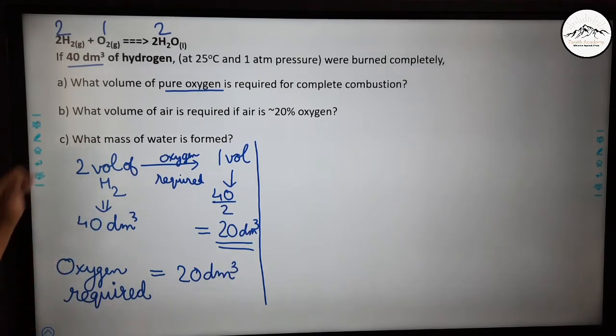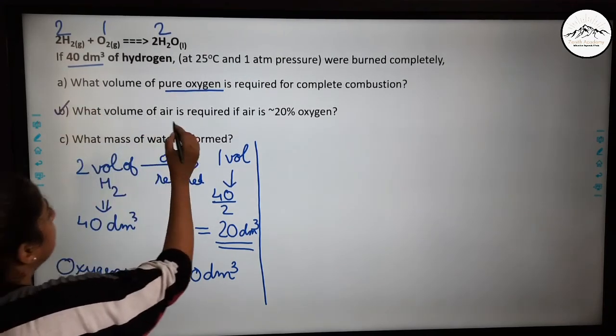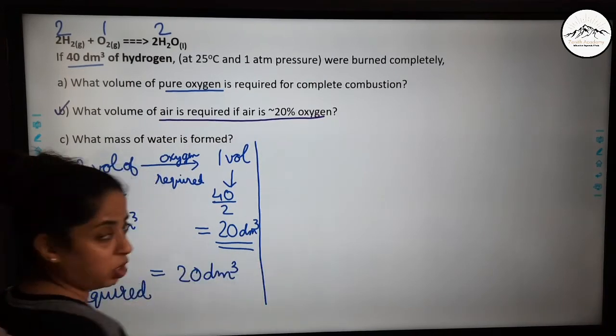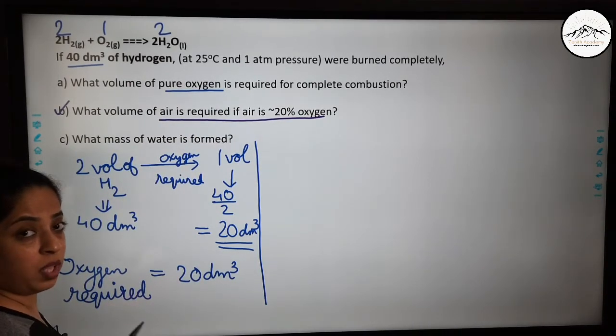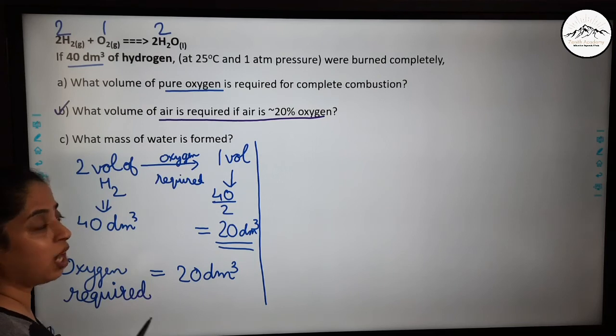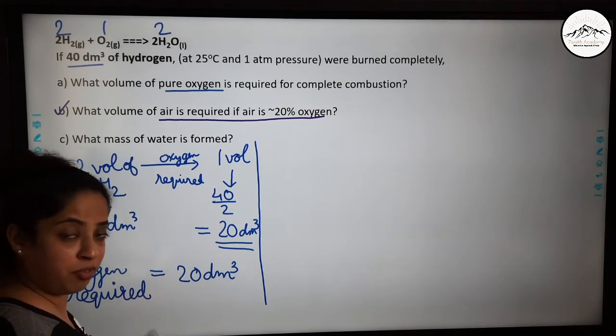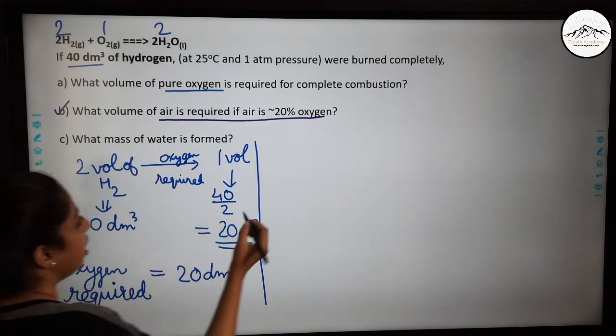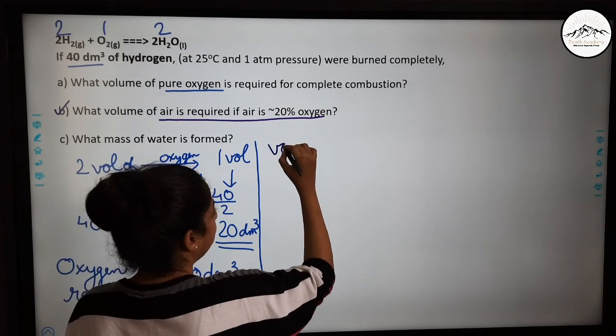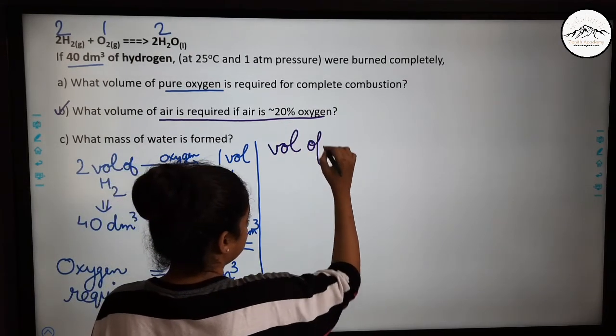Okay. Now coming on to our next question, they have asked what volume of air is required if air is 20% oxygen. Now we know if air is 20% oxygen, then how much oxygen is there in air? 1/5. So what is the volume of air required? From our previous question we did this.